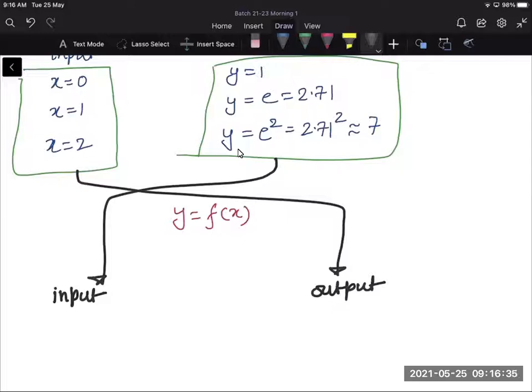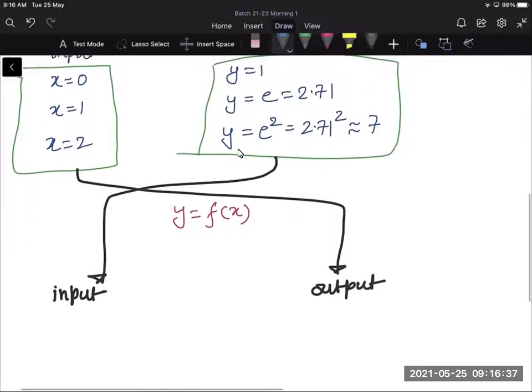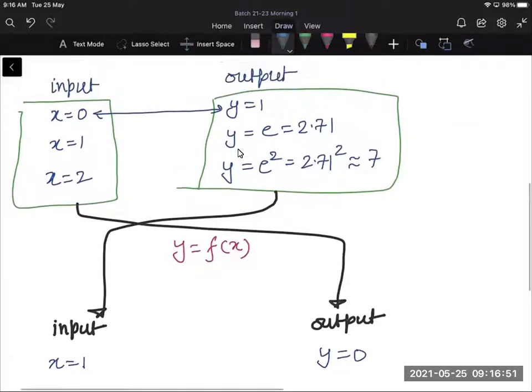So what we want is that if we have an input x equal to 1, then the output should be y equal to 0. See what I have done? I have exchanged these two values. In the earlier case, the input was x equal to 0 and the output was y equal to 1. But now I want the input to be x equal to 1 and the output to be y equal to 0.